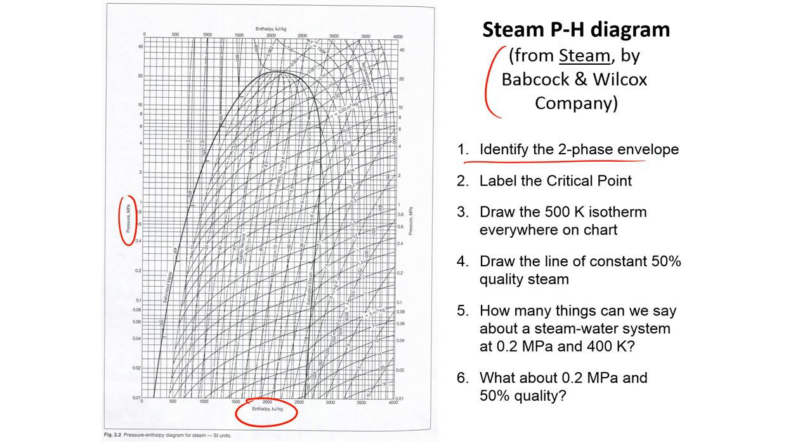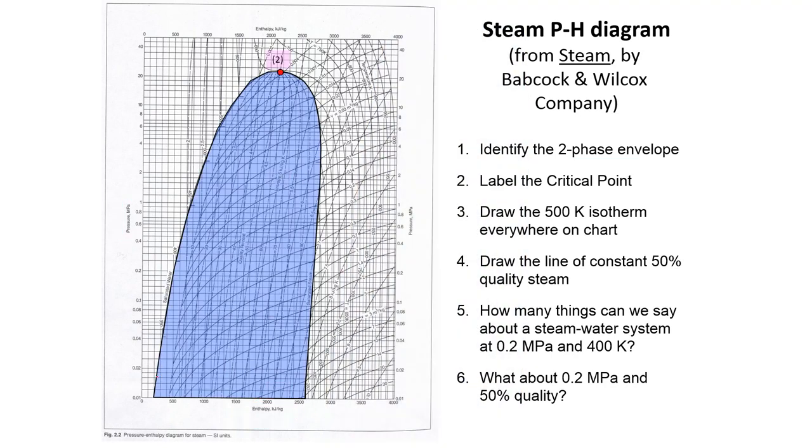The first one is a two-phase envelope. This is the two-phase envelope. So here is our saturated water, and then there is saturated steam, and right up at the top is the critical point.